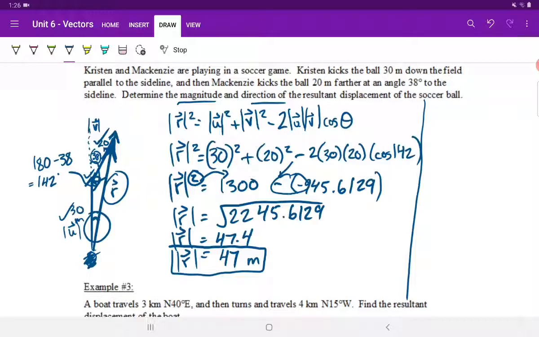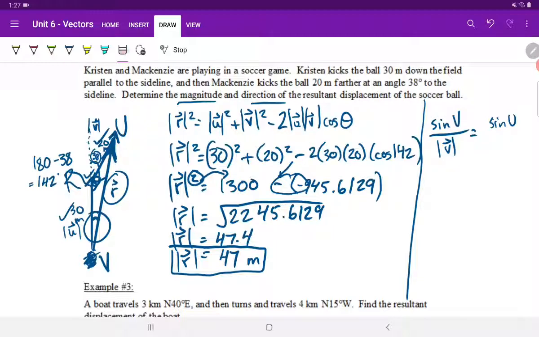We're going to use the sine law. I'm going to call this capital V, this over here capital U, and this capital R. We're going to find an angle. So we're going to go the sine of capital V, that's what we're solving for, over vector B is equal to the sine of capital U. Oh, I'm sorry, we're going to have to use R there.